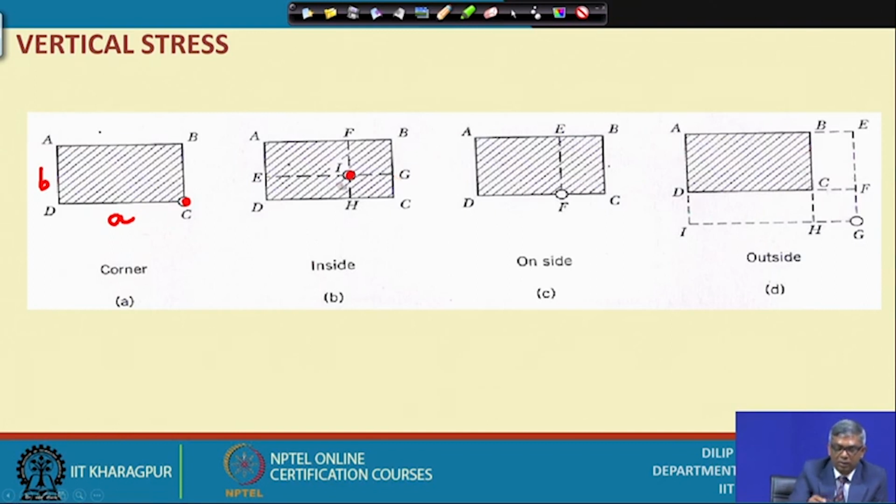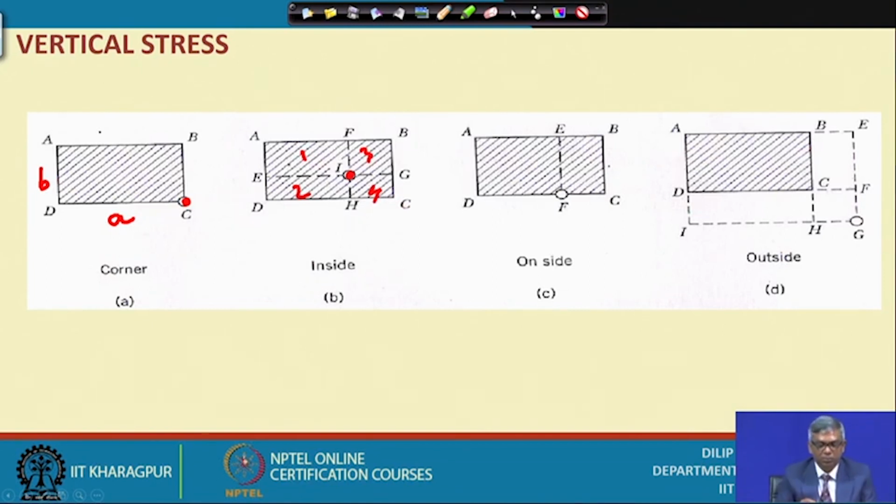I will draw a line parallel to the sides of the footing passing through this point lengthwise. I will also draw another line passing through this point parallel to the other side of the footing. Then you can see by drawing two lines, I have got 4 parts: 1, 2, 3, 4.